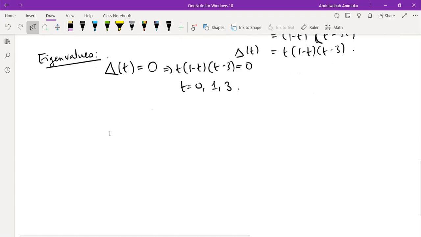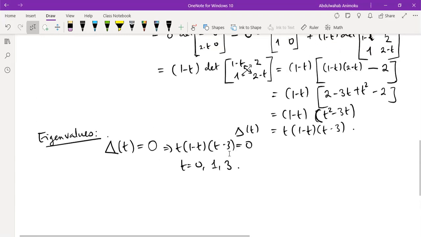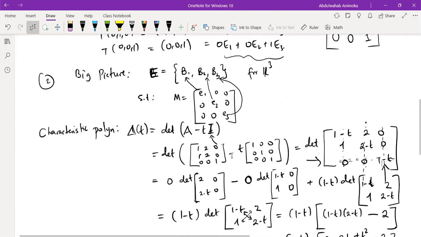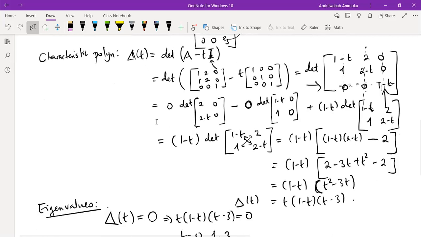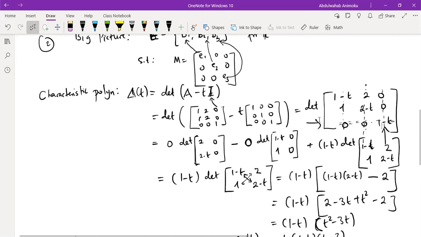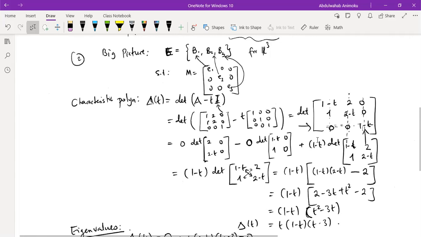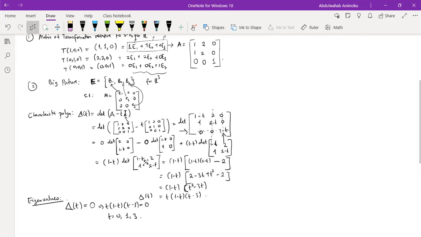Now, what do you do next from here? So let's just go back up and take a look at this matrix. So we already got our eigenvalues. We have 0, 1, and 3.